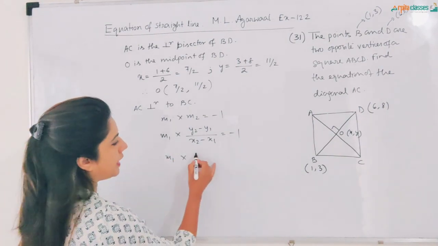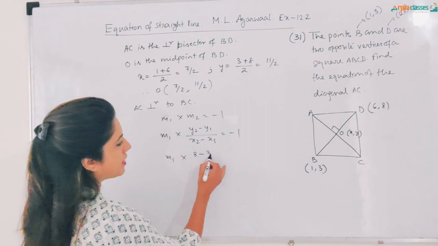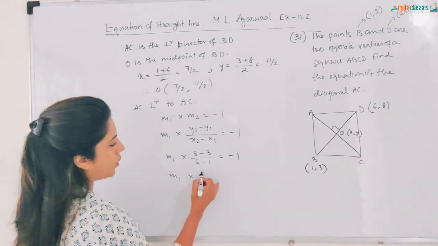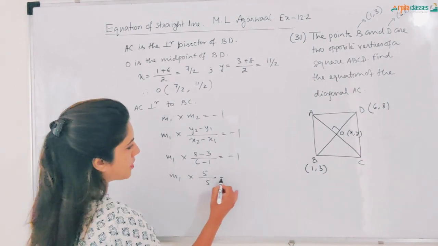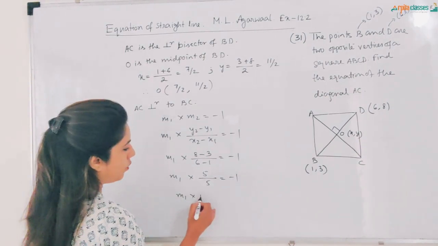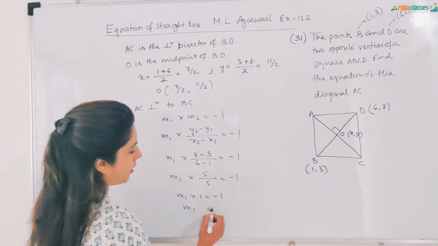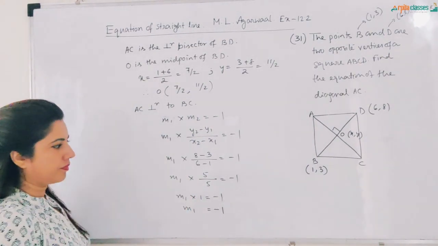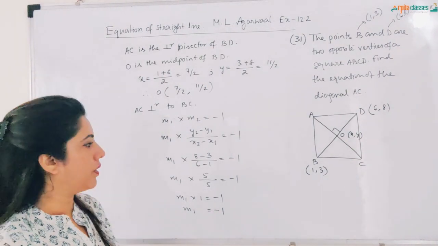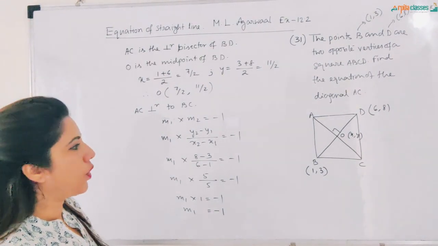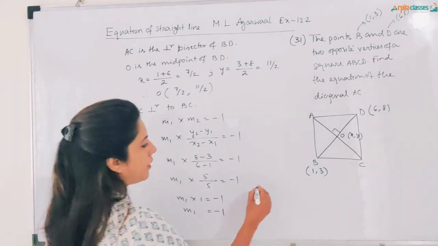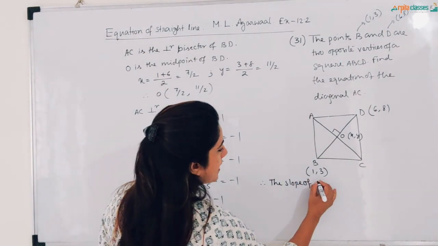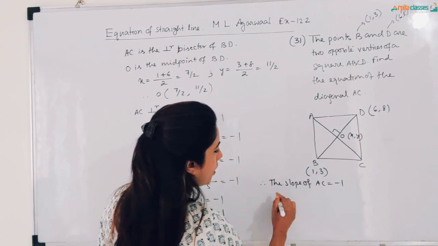Y2 I am considering D. So, 8 minus 3 upon 6 minus 1, that is 5 upon 5, is 1. M1 into 1 is minus 1, or M1 is equal to minus 1. That means the slope of AC is equal to minus 1.